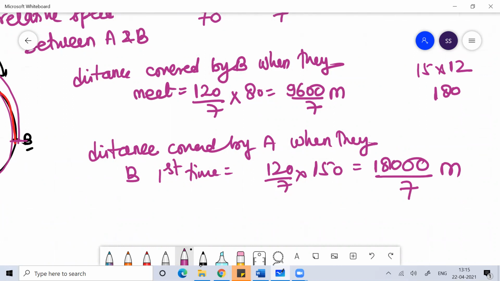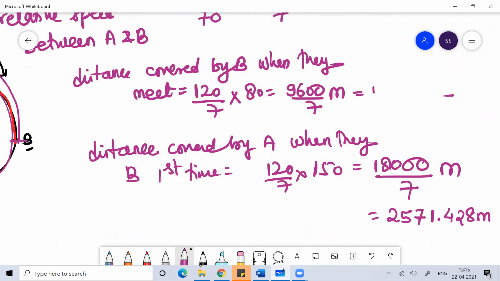So if you find the value, A has covered 2571 meters, and you know the length of the circular track is only 1200 meters.